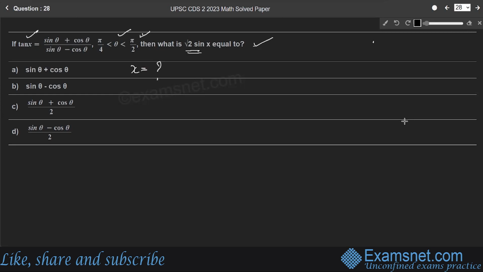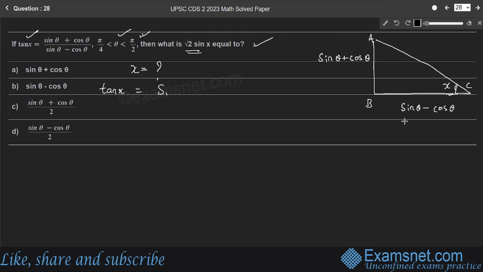Before going to tan x, we'll consider a right angle triangle ABC and angle x. tan x is given, which is opposite by adjacent side. So sine theta plus cos theta is the opposite side, and the adjacent side is sine theta minus cos theta.